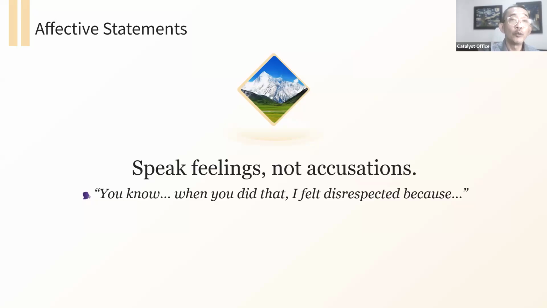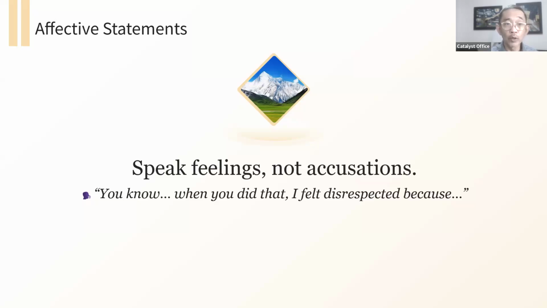Right? So if you are to complete the sentence, you probably will say, I felt disrespected because you shouted at me, and everyone else in class was surprised at how you reacted. And I think that was improper. So you're speaking your feelings, but at the same time, you're not attaching labels.